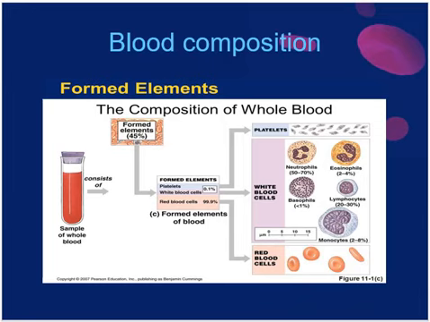The hematocrit is usually a 1:3 ratio, and in women the normal range is anywhere from 38 to 46, and for men 42 to 54.